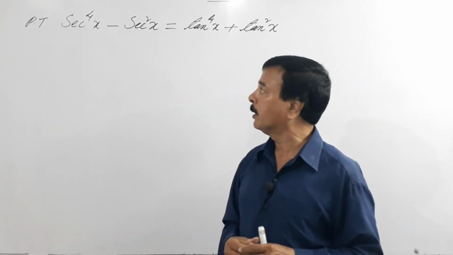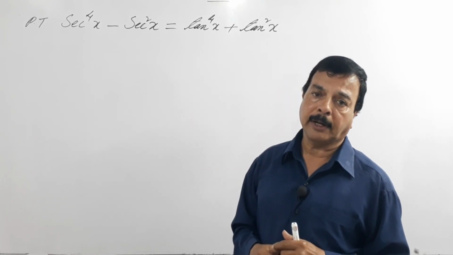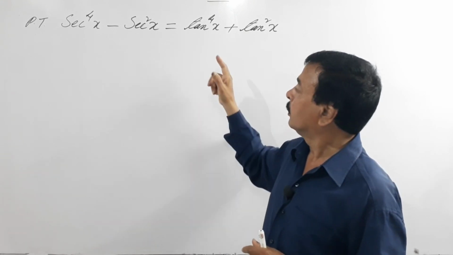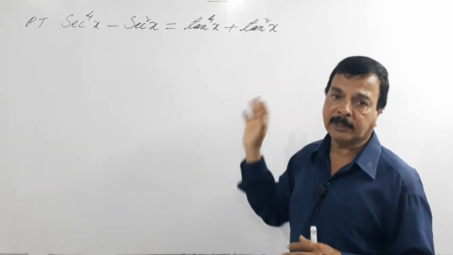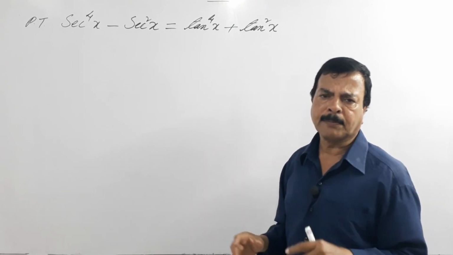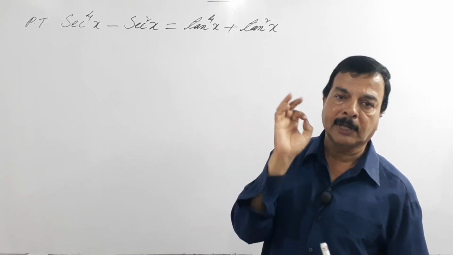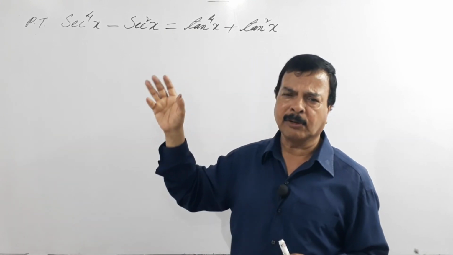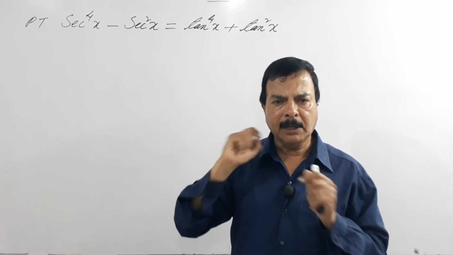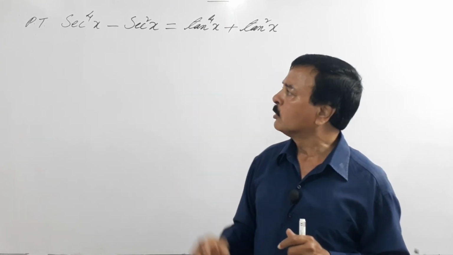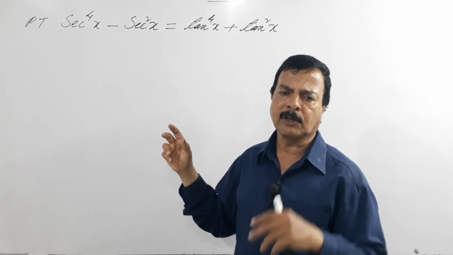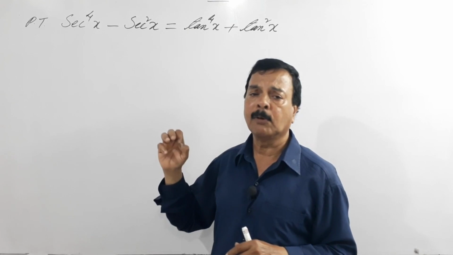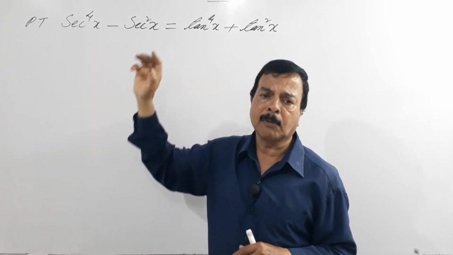Now you have a problem: secant to the power of 4x minus secant square x equals, you have to prove, tan to the power of 4x plus tan square x. Very easy, you get the answer in 2 steps, but you need to know the technique.